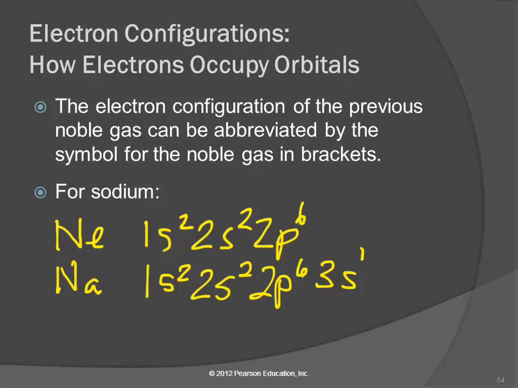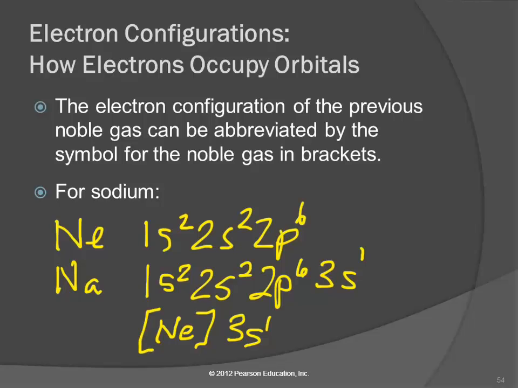So that's the electron configuration for sodium, or we can abbreviate it like this. That saves a little bit of writing, huh? Because what we're saying is that it has the electron configuration of neon plus what we write after it. And so for sodium, it's just that 1 electron after it.